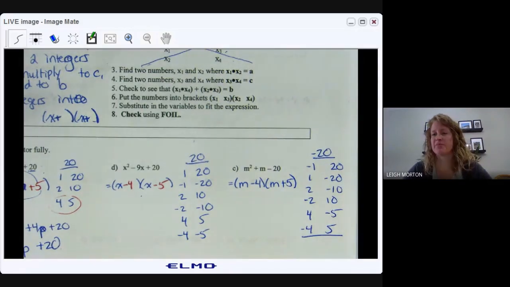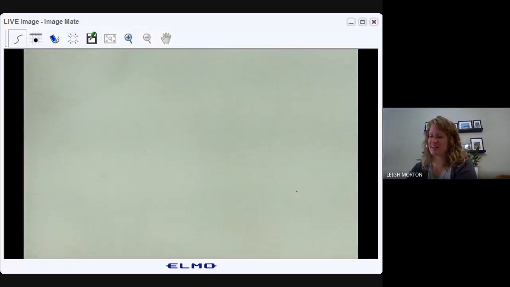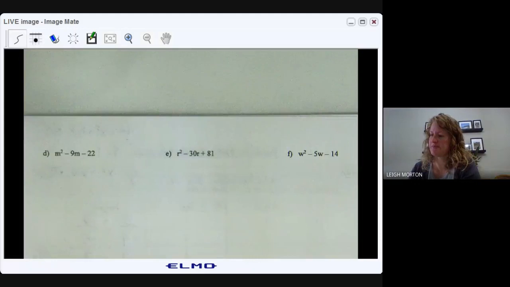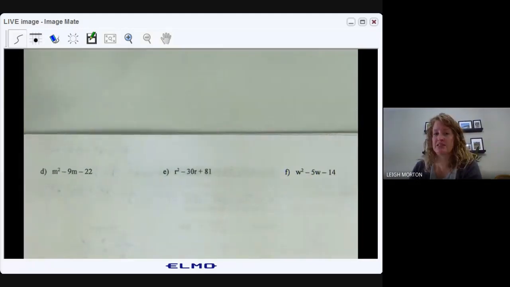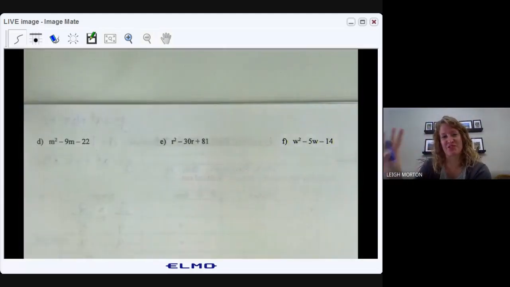Feeling good? Let's flip onto the back side of this page. Oh, look at all this more practice. Okay, I would actually like to leave D, E, and F for you to try on your own. And the answers are posted on our content. I'm going to put the answers up here quickly. So for those of you watching at home, press pause.